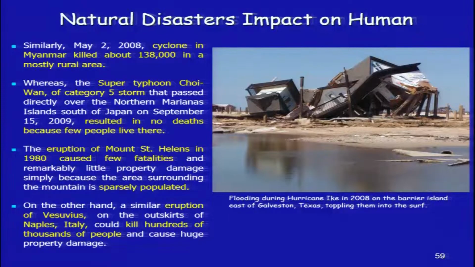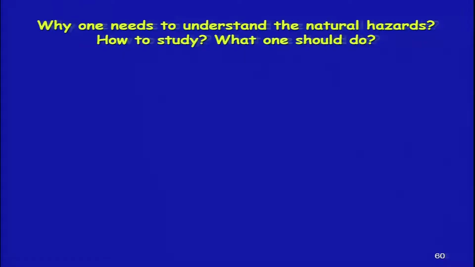So these are the points we also keep in mind when we talk about natural hazards. Now, why one needs to understand natural hazards, how to study them, and what one should do. As I was discussing, if you know where in a particular location the earthquake is going to occur or the cyclone is going to strike, and how many people are going to be affected, you can plan things accordingly.